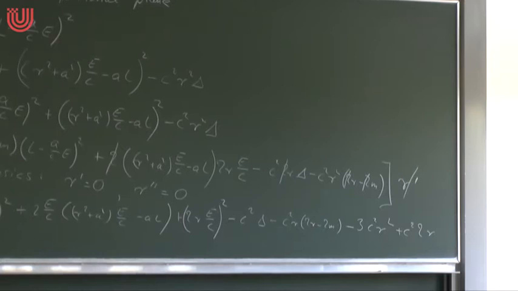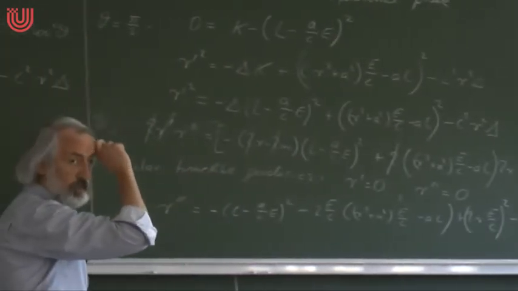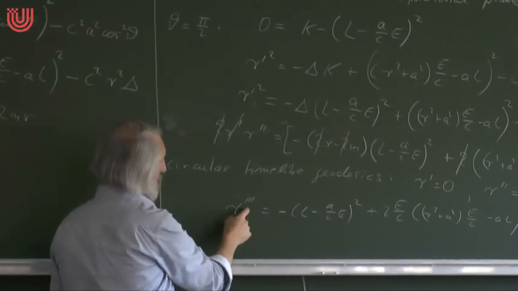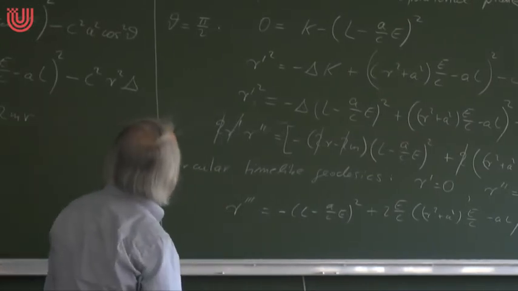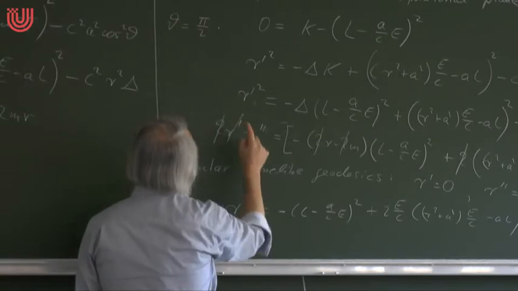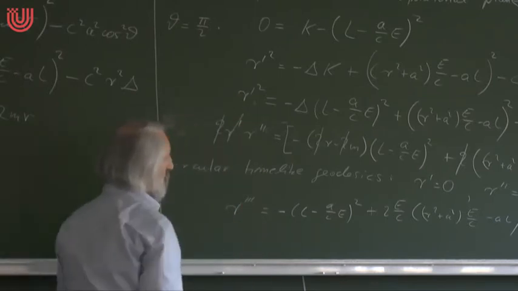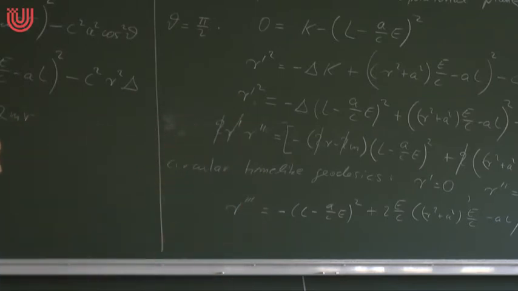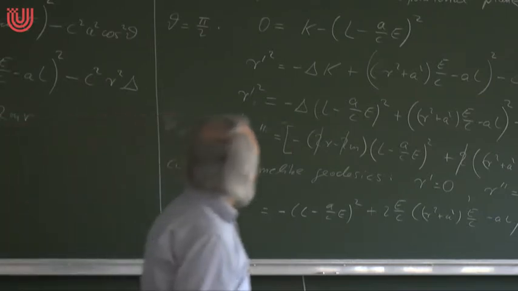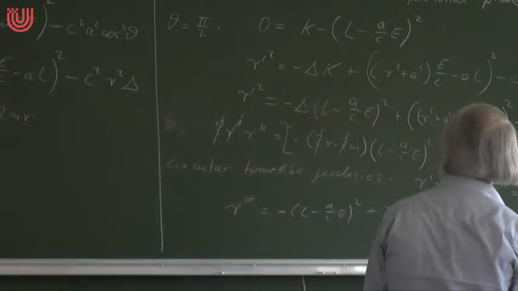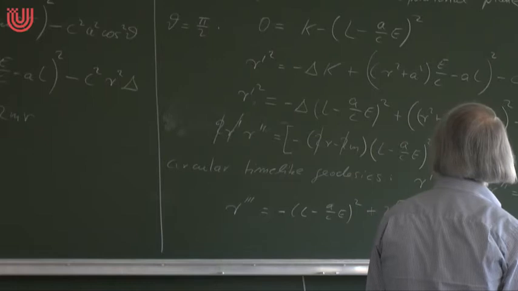R prime equals 0 if we want to find the ISCO, the one where we have a saddle. So the second derivative is also 0. So this must be 0, this must be 0, and this must be 0. Now we can solve for E, L, and R. And the expression for R gives us the ISCO.